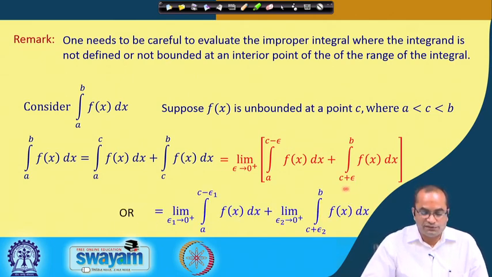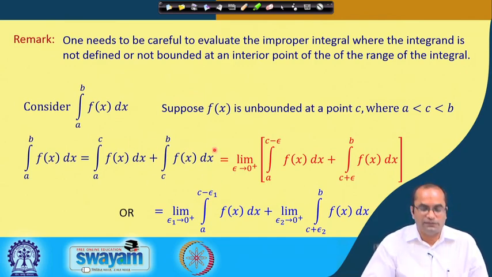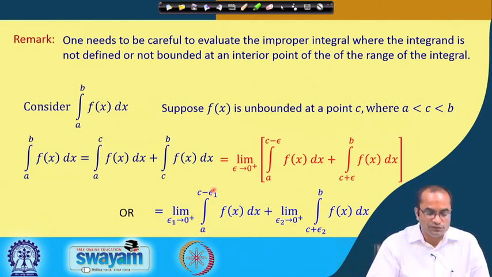In the second case, which is the correct one for the evaluation, we take epsilon 1 here for the first integral, because these two are separate improper integrals. So, we should deal with them differently. Here we have the limit as epsilon 1 goes to 0 of the integral from a to c minus epsilon 1, plus the limit as epsilon 2 goes to 0 of the integral from c plus epsilon 2 to b.